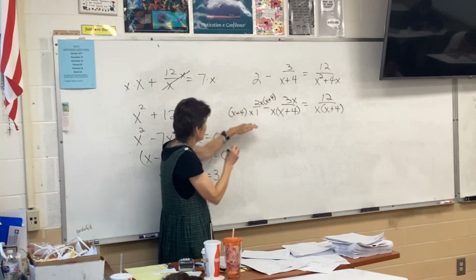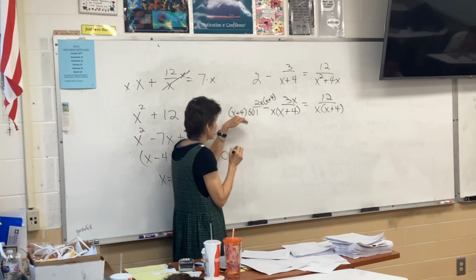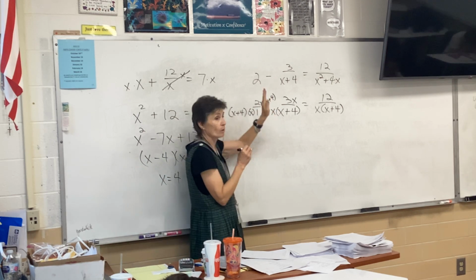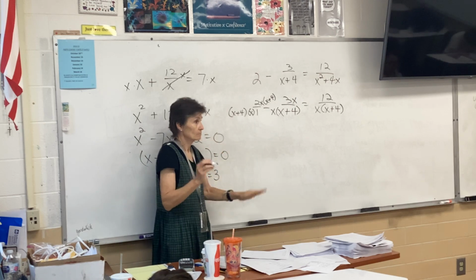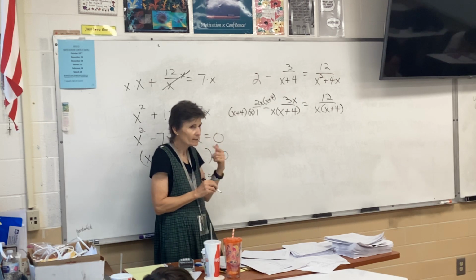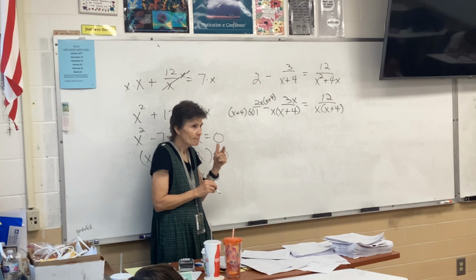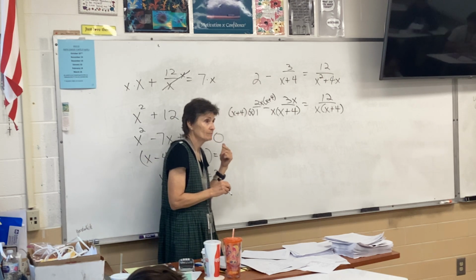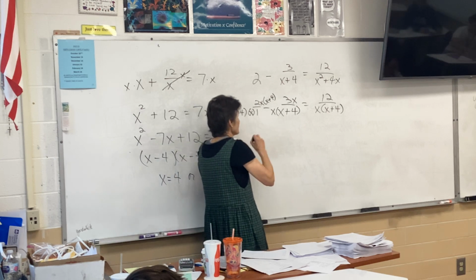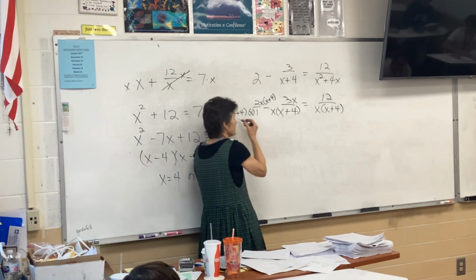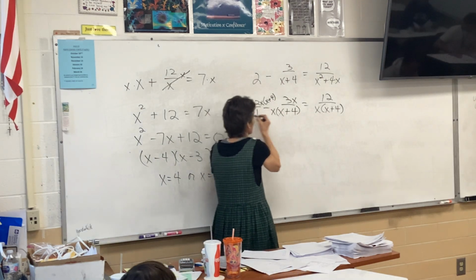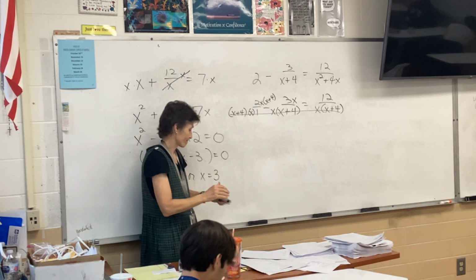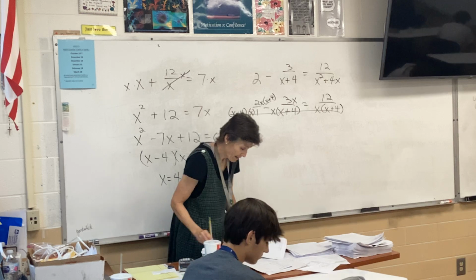So I put an X and an X plus 4 on the bottom and an X and an X plus 4 on the top. Everybody following what's happening here? I am making my denominators match, right? Well, we'll finish this tomorrow, but once you get the denominators matched, you can lose them and solve the resulting equation.